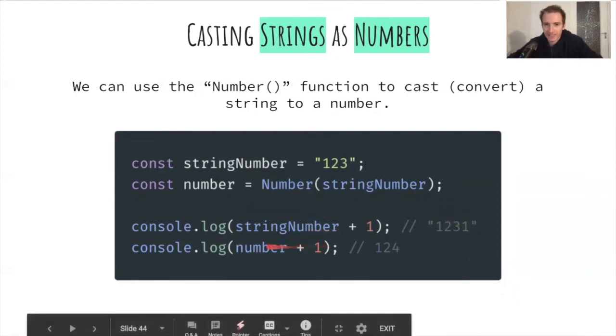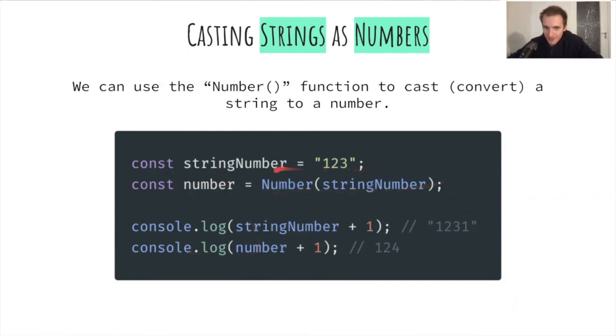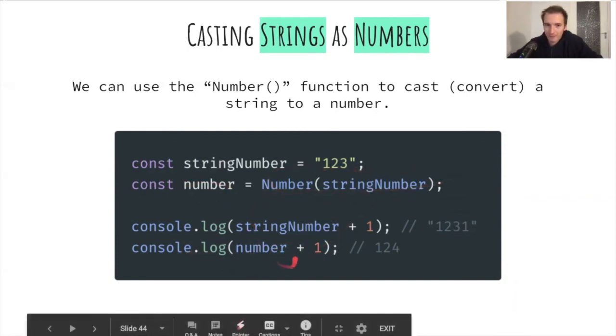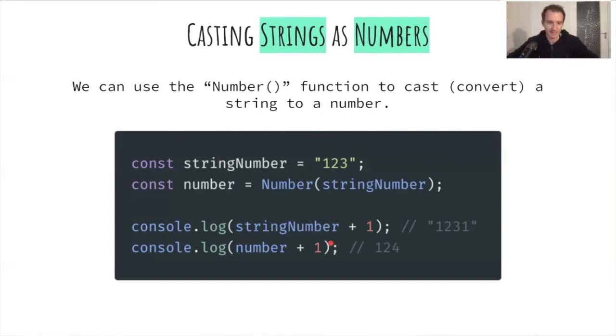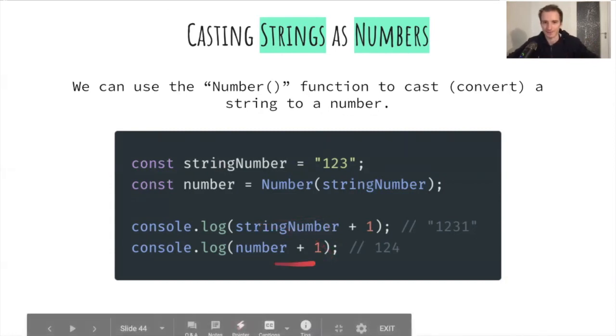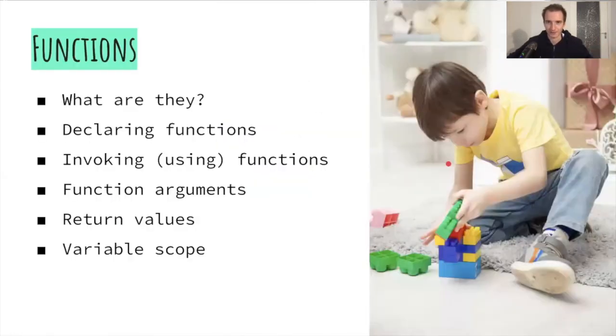But if we want to actually add these two numbers together, then we need to first cast the string as a number, and then the plus sign in this context, because we have two numbers, will try to add these two things together. So these are two different operators that we're using in different ways. That's why we might want to cast strings as numbers and numbers as strings.